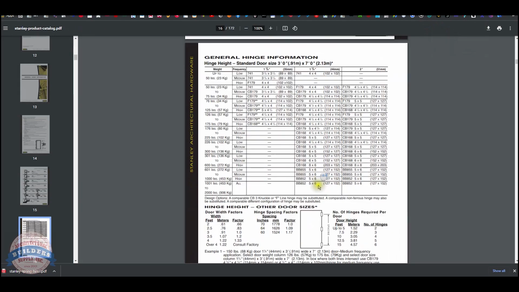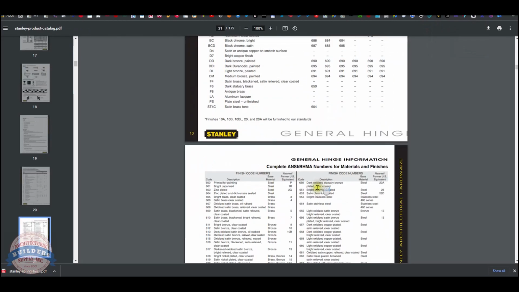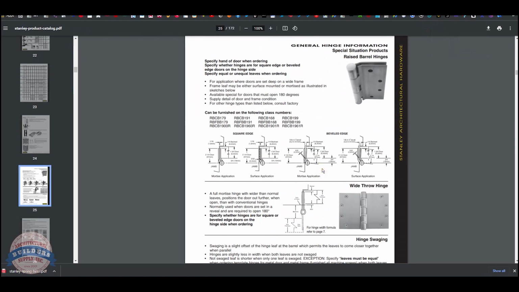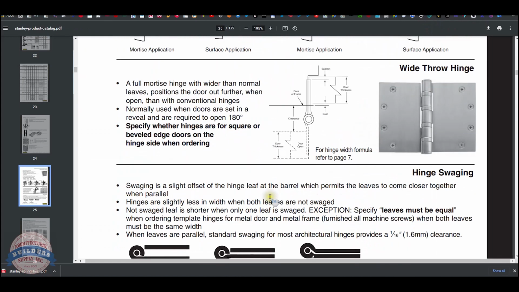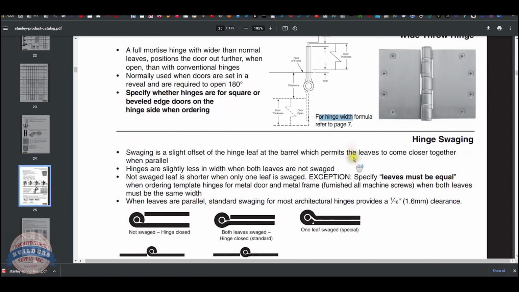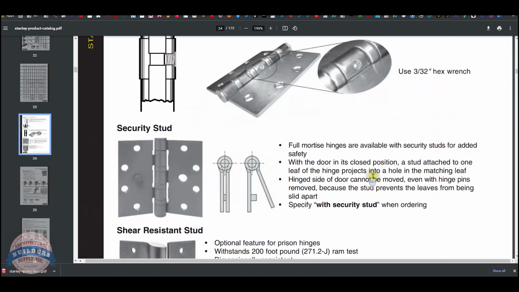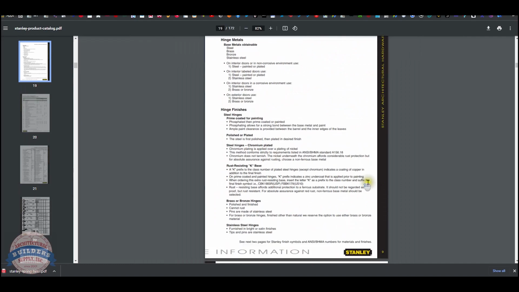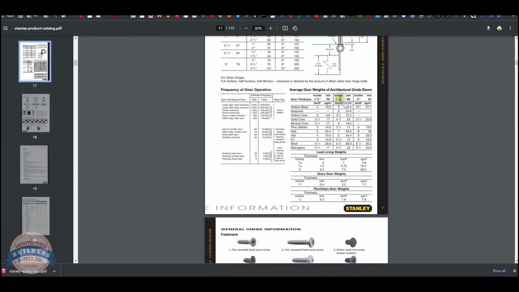Hinge backset's also used to calculate, as I had mentioned, hinge width, and here it is. For hinge width formula, see page 7. Okay, we went past it. Here we go.